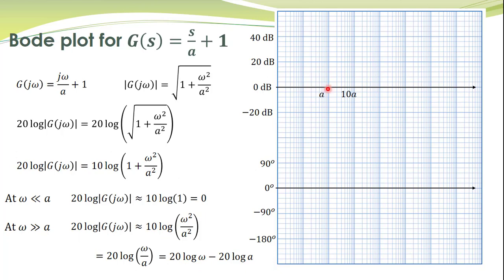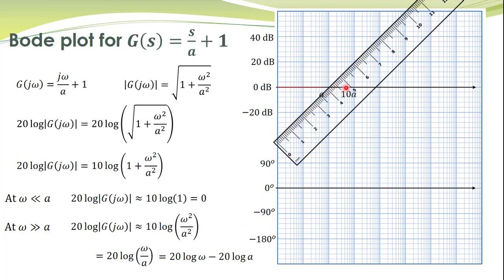So at frequencies up to this a, that is omega less than a, we draw a straight line equal to 0 dBs. So you draw a line up to this particular frequency with a slope of 0 dBs, and after that you draw a line with a slope of 20 dBs per decade.